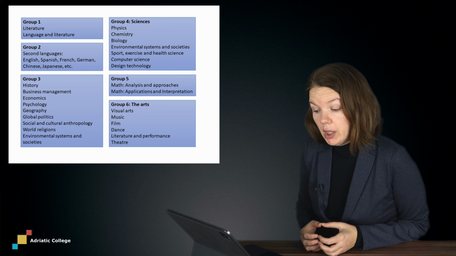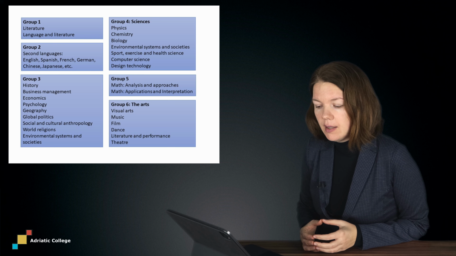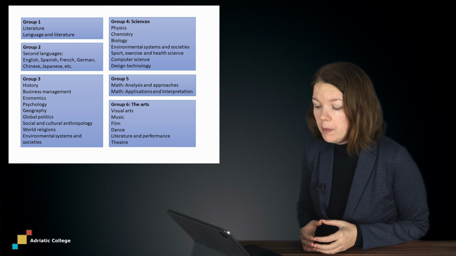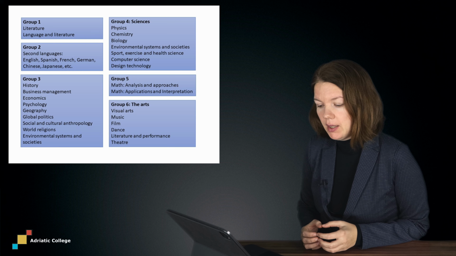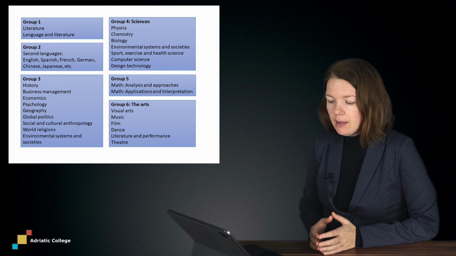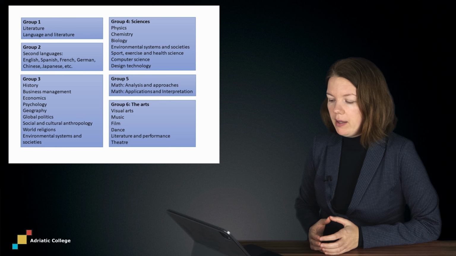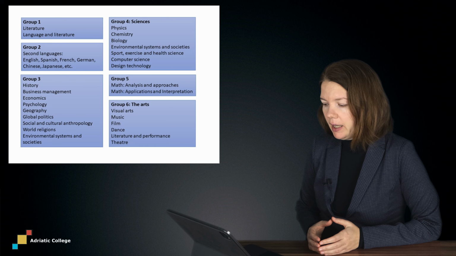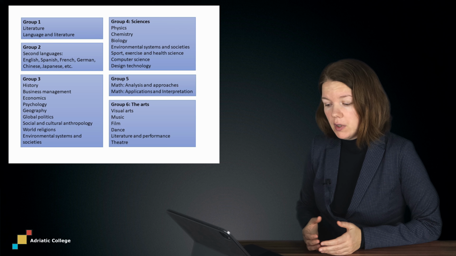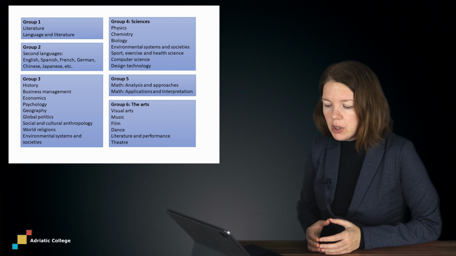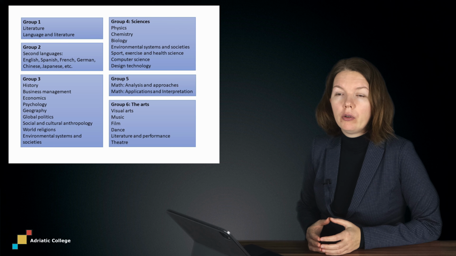The group 6 is arts, and this is a diverse group that includes visual arts, music, drama, theatre, film, and etc. So the list of subjects that are supported by the IB and theoretically can be offered by schools are quite wide, are quite diverse, but in practice, of course, no school can offer all of them.